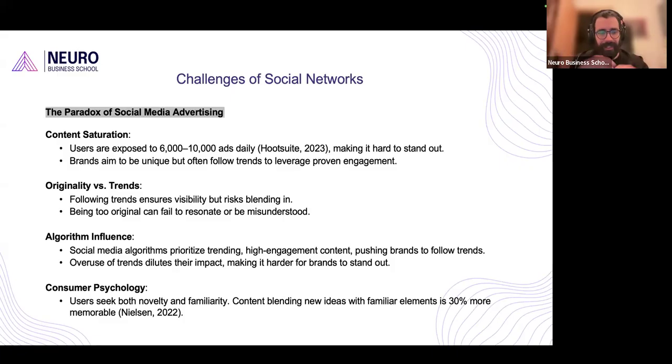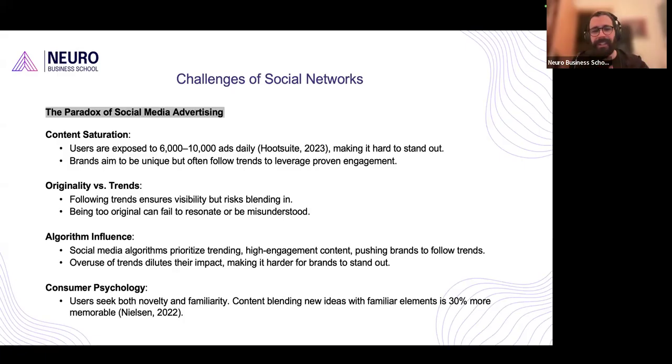So that's the paradox in this case, because as a brand we want to be unique, we want to be different, but sometimes the algorithm rewards engagement on trends, and the way to get engagement with your audience normally implies being aware of the trends, being aware of what is happening on the internet in order to mimic something else.